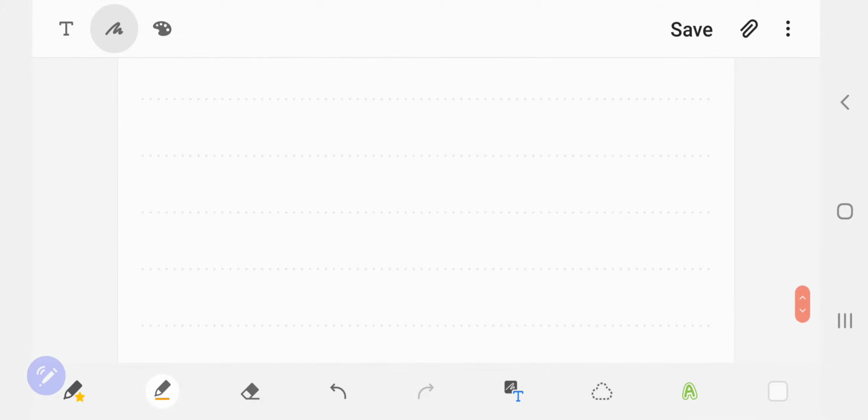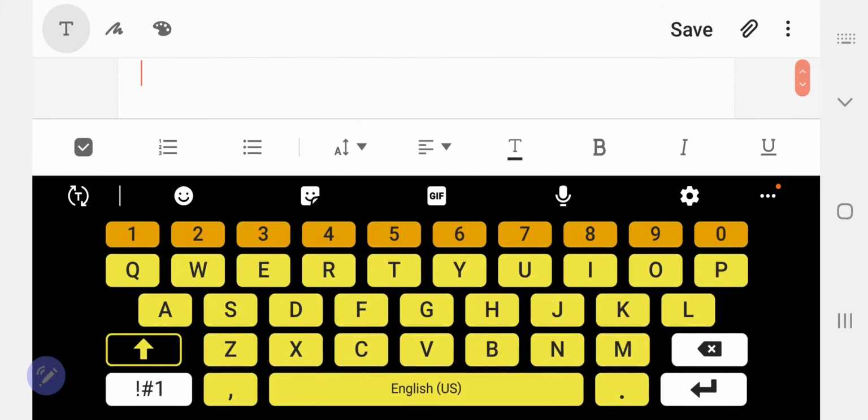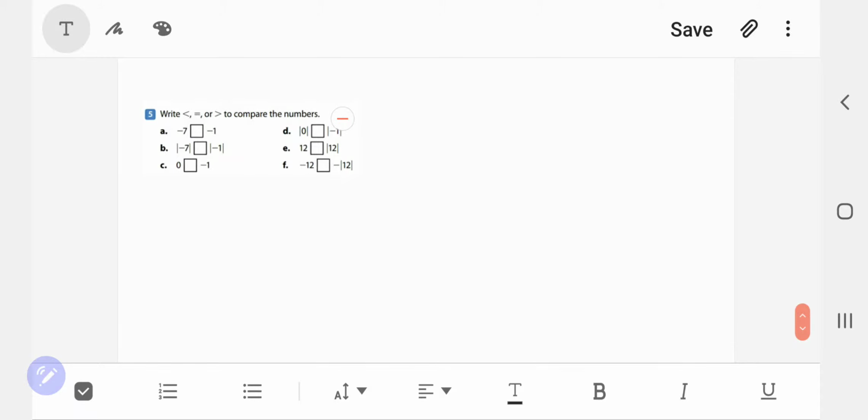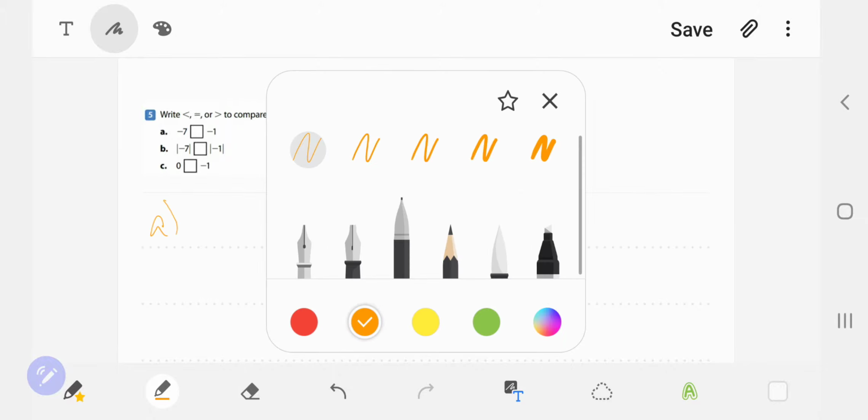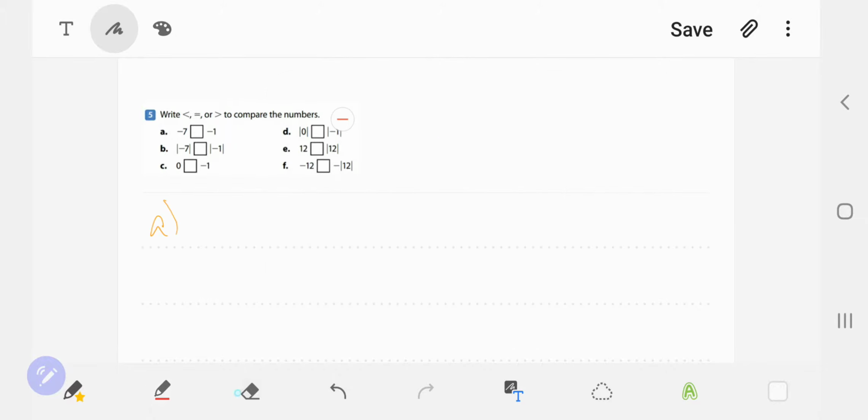Yes. And lastly, we're gonna be on number 5. Okay. So for number 5, we got letter A. I'll write letter A. So I'll change the color now.